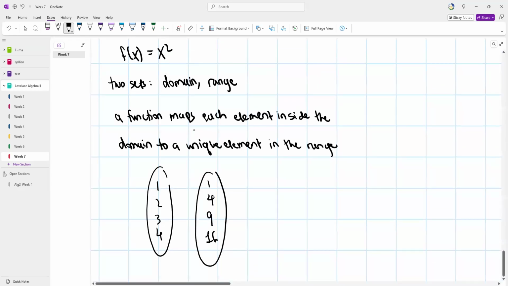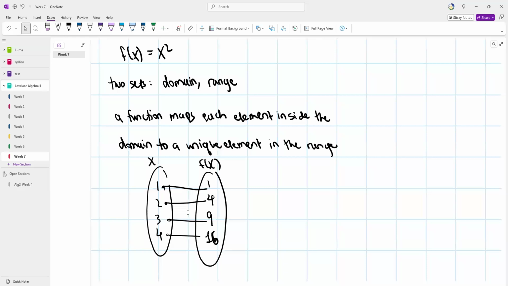So we can see how 1 goes to 1, 2 goes to 4, 3 goes to 9, and 4 goes to 16. This is x and this is f of x, and we can see how it matches perfectly. We don't have 1 going to 4 instead. You wouldn't have your machine spitting out 2 outputs if you give it 1 input, because that's not how the machine works.